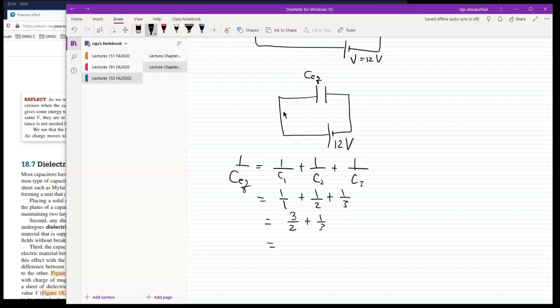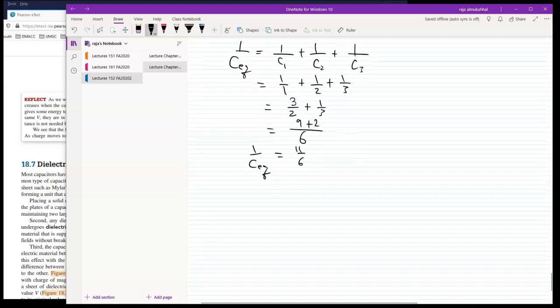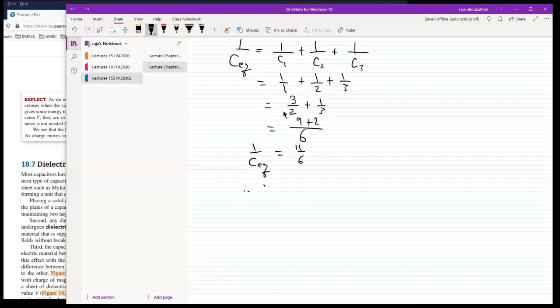If you work it out, you get 9 plus 2, which is 11 over 6. So 1 over C equivalent is 11 over 6, or therefore C equivalent, taking the reciprocal again, is 6 over 11.